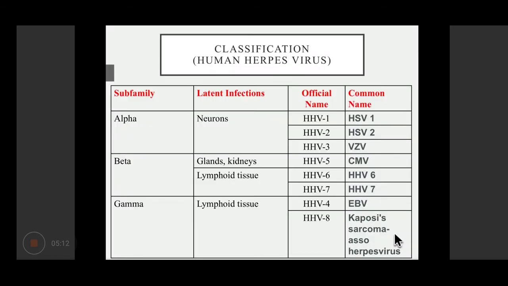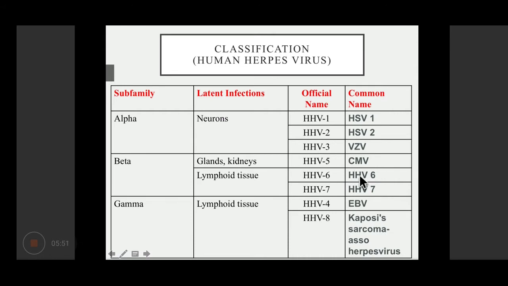All right. So there are essentially 8 human herpes viruses named from HHV1 to HHV8, and they are placed in various subfamilies, alpha, beta, and gamma, and they are able to establish latent infection in various organs or tissues of the body. So HHV1, 2, and 3 are HSV 1, HSV 2, and Varicella Zoster virus. Varicella Zoster virus, which we'll be discussing, belongs to the alpha subfamily, able to establish latent infection in neurons, and its official name is human herpes virus 3.